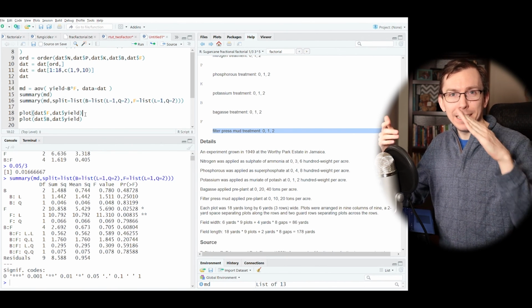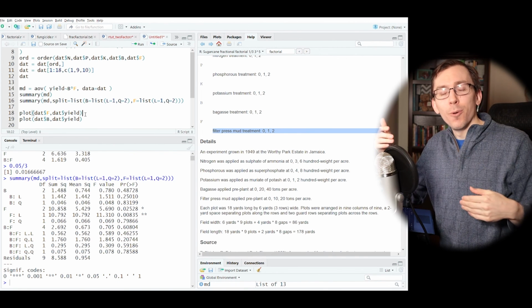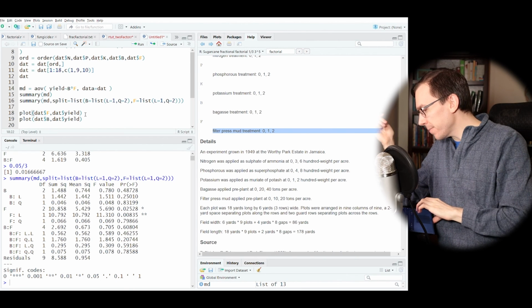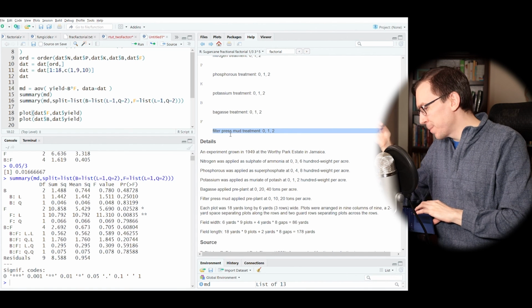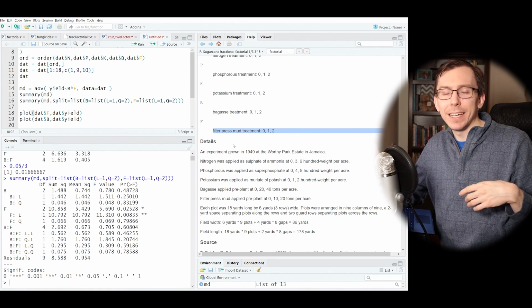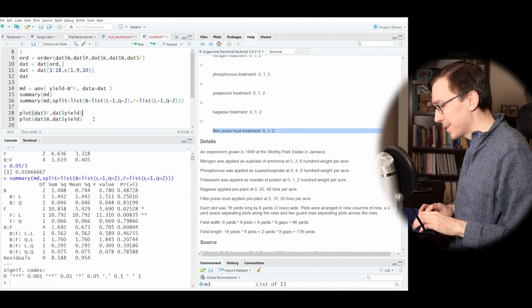Either we'll see a linear increase as factors go from 0, 1 to 2, or we see a decrease as we go from 0, 1 to 2. So this will tell us whether F, the filter press mud, is improving or hindering the growth of sugarcane. So let's look at that plot and see what happens.